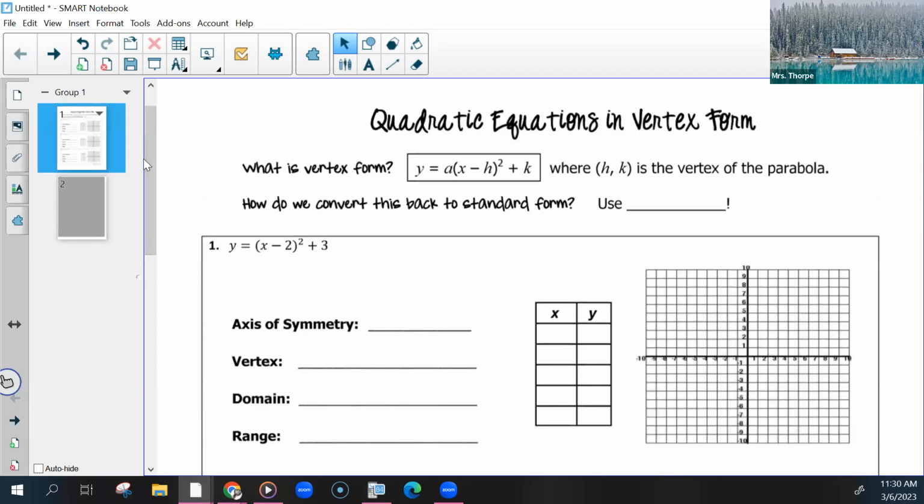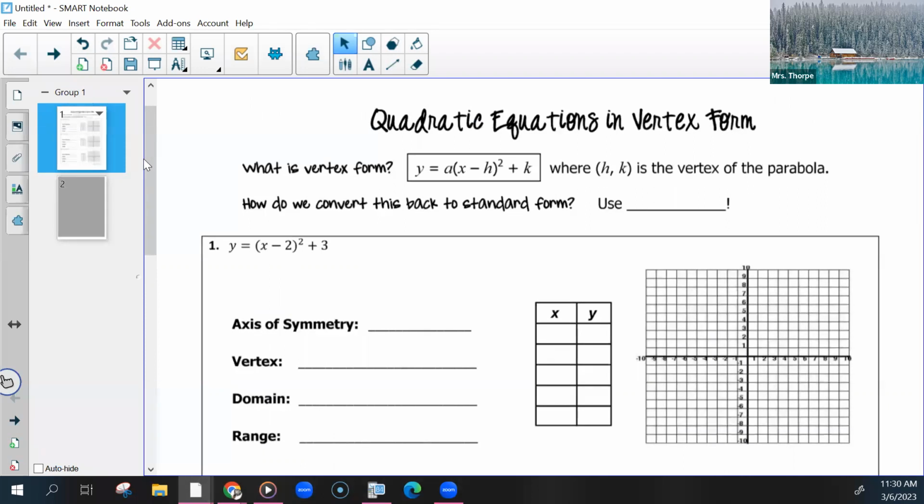So you're going to see this format, y equals some a value in parentheses x minus h, and then outside squared plus k. We're going to find our vertex by looking at the h and the k. That's like our x and our y in our ordered pair, but if we label them like that, then we'd have 2 x's and 2 y's, so they label it something else.